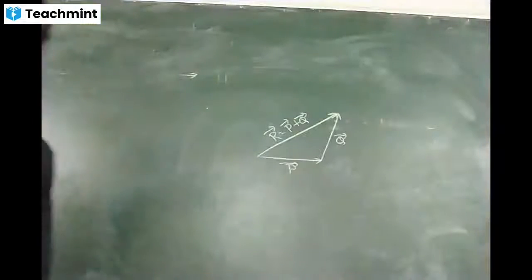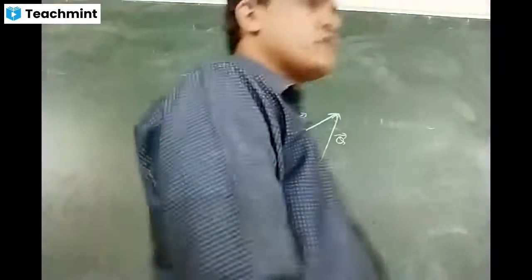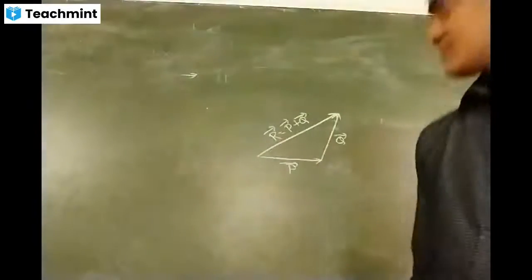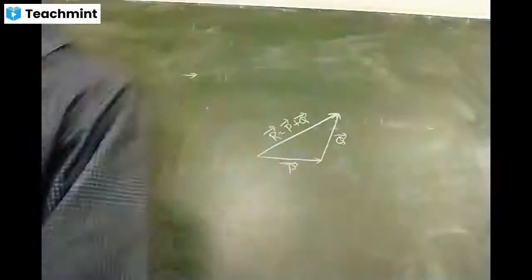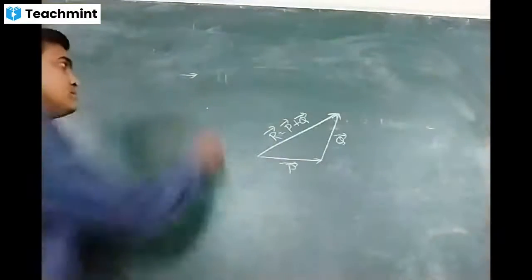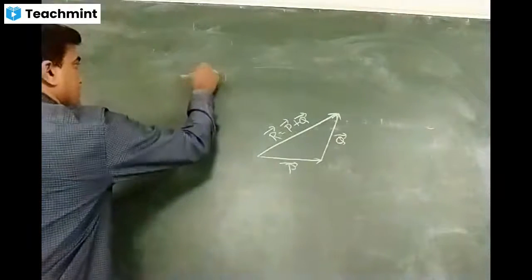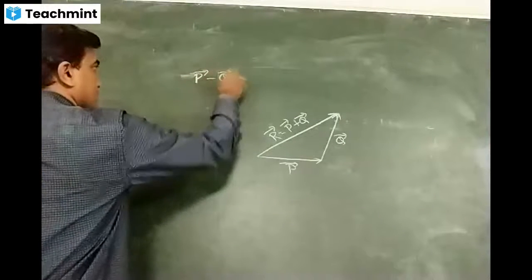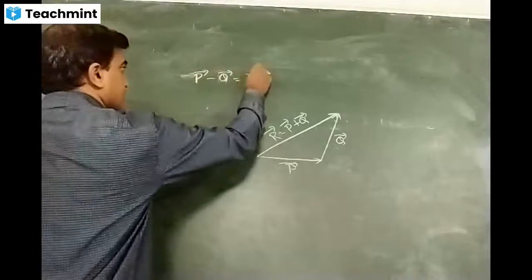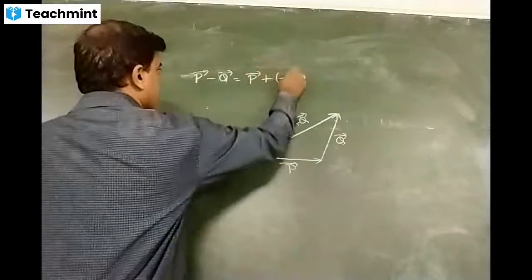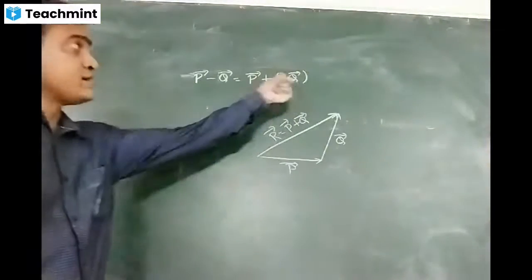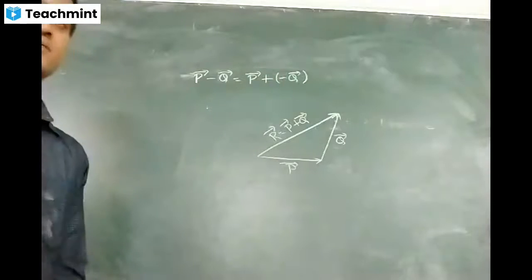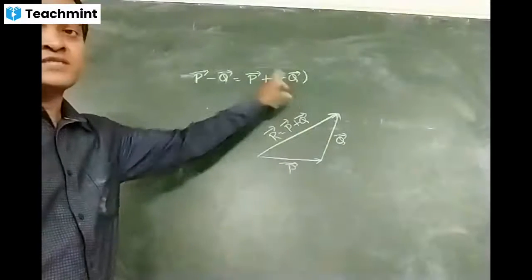Now what is the second case? We want P bar minus Q bar. So how to get P bar minus Q bar? I have to add minus Q bar to P bar.